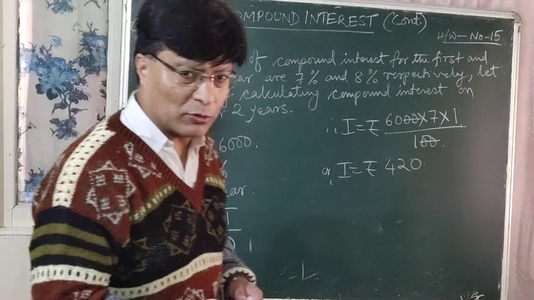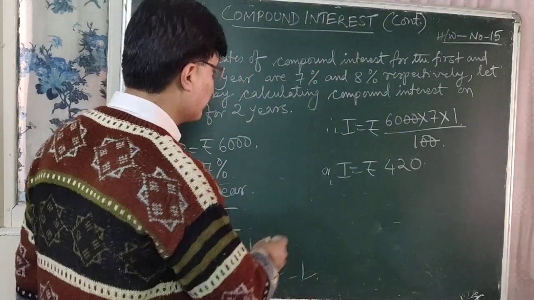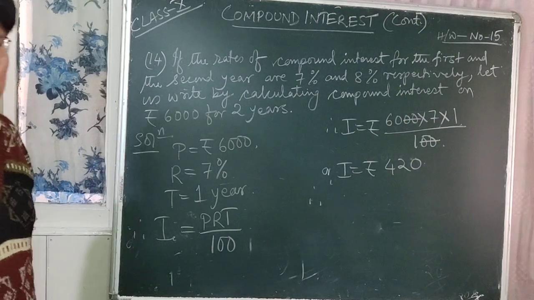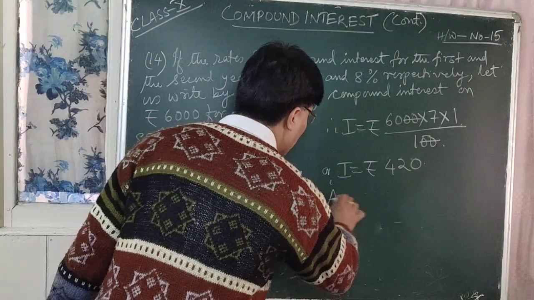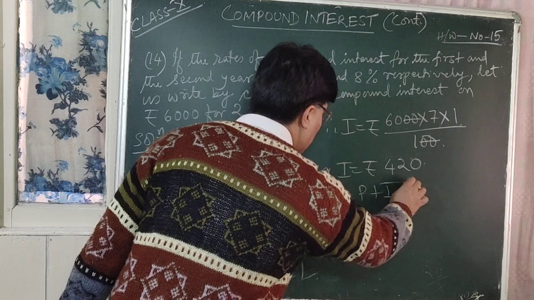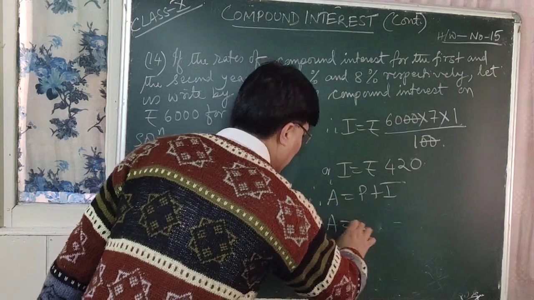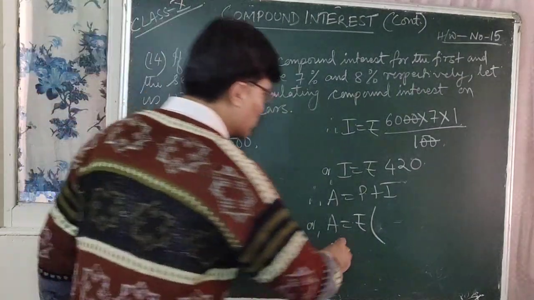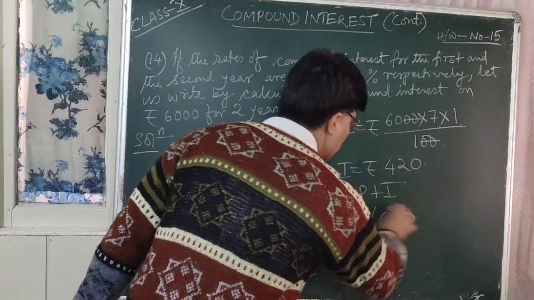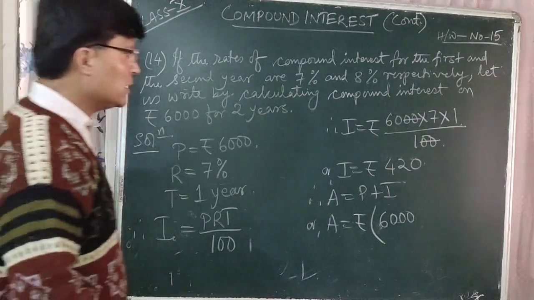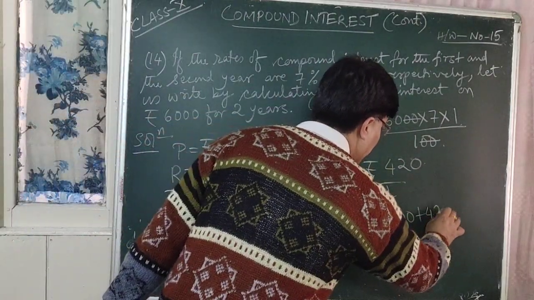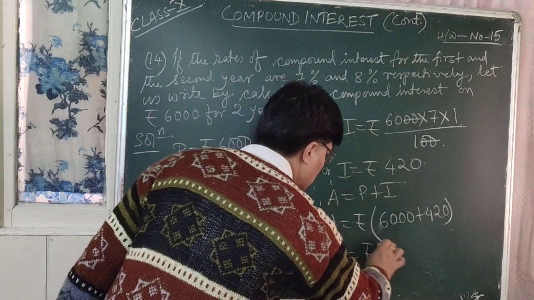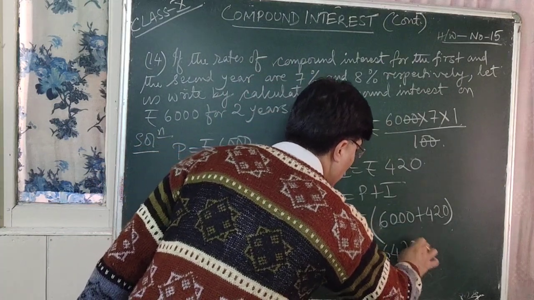Now let us get the amount for the first year. What is the formula? A is equal to P plus I. The principal here is 6000, and the interest here is 420. So the amount is rupees 6420.